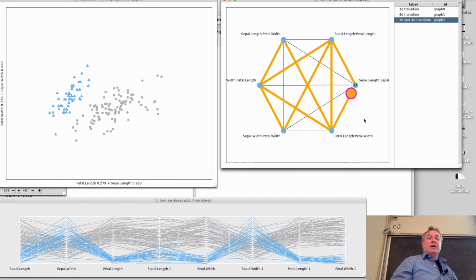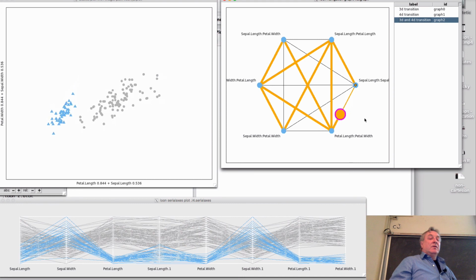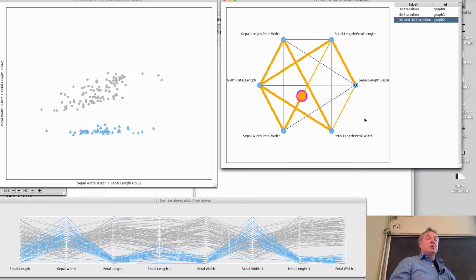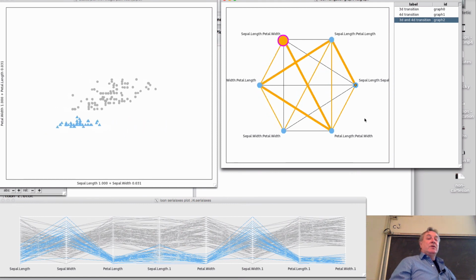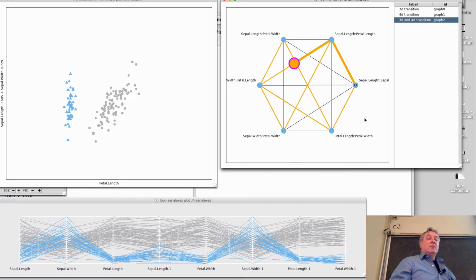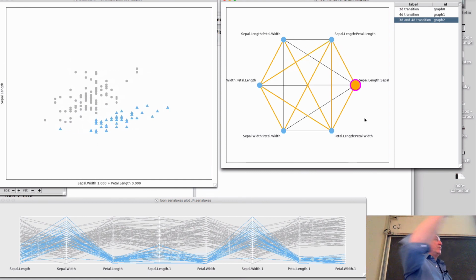We're seeing a movement here through 4 dimensions. But it does mean we can explore this whole space by this wormhole of a 2-dimensional plane moving through it all. Okay? Everybody understand what's happening?